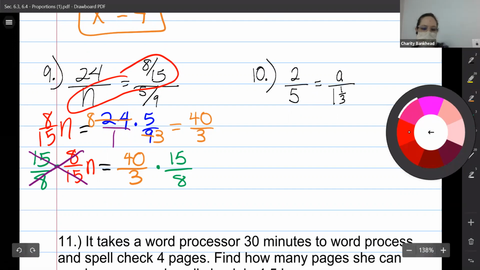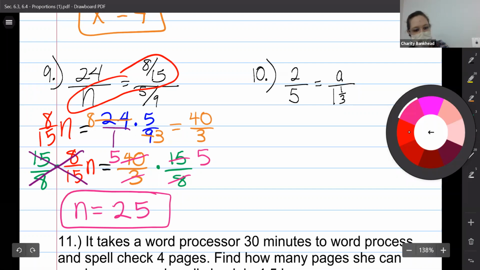So 8 goes into 40 5 times, and 3 goes into 15 5 times, and 5 times 5 is 25. So n equals 25.